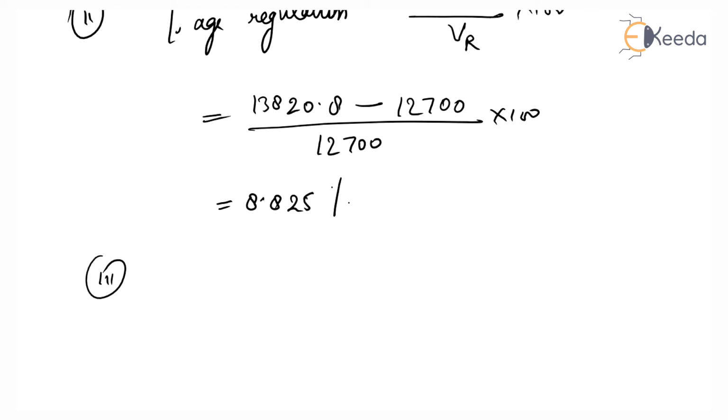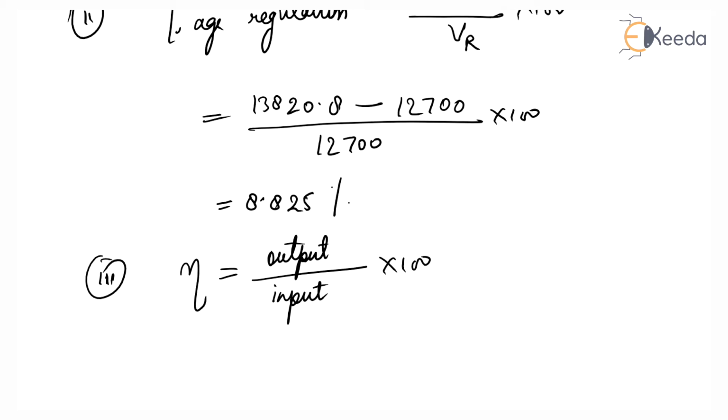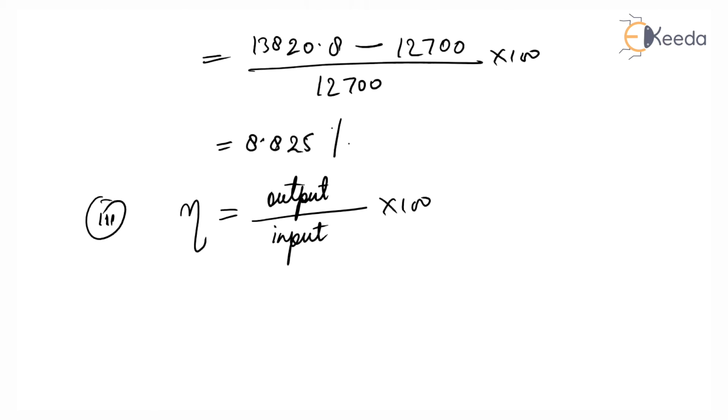Now third, we have to find out the transmission efficiency, and we know efficiency is equals to output upon input into 100, where output for the transmission line is the receiving end power and input is the sending end power.